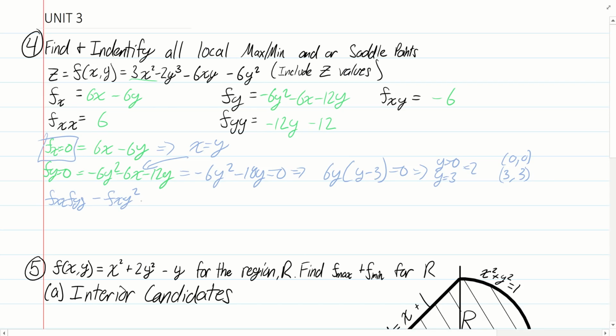So for 0, 0, fxx is going to be 6, fyy will be negative 12, and I'm plugging 0 into them, and then minus fxy squared. So this will equal negative 48 minus 36, which is obviously less than 0, therefore saddle point.